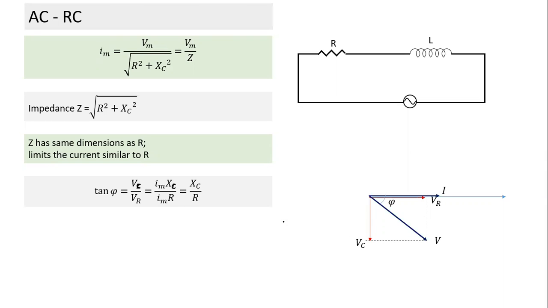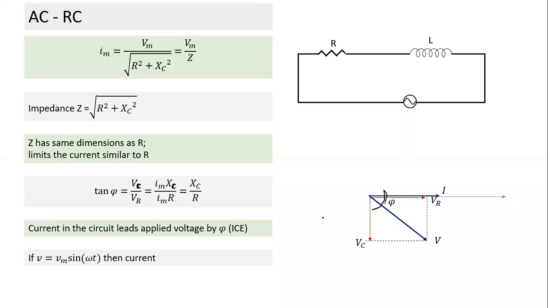A very similar derivation, exactly the same. So in this case, which is leading? Current is leading. So when we go in this direction, current is leading by the angle phi. If this is how the voltage will be, how would we write the equation for current?